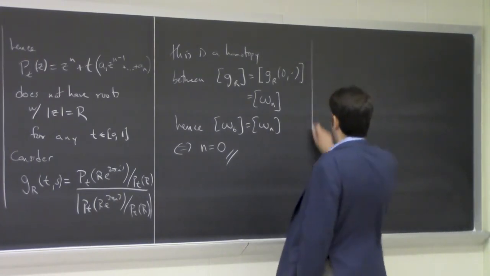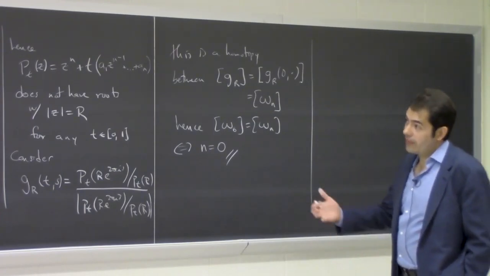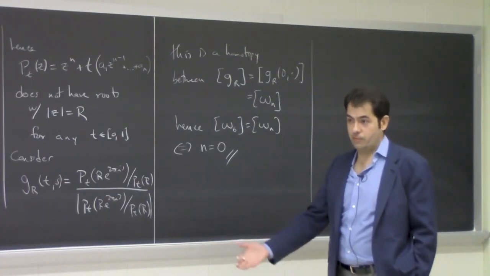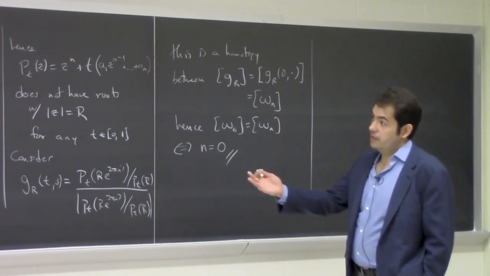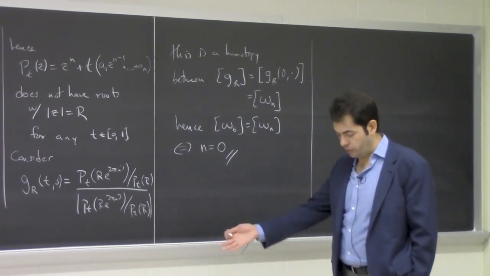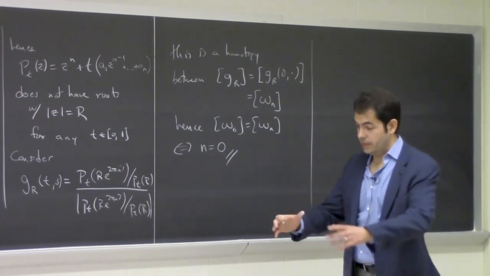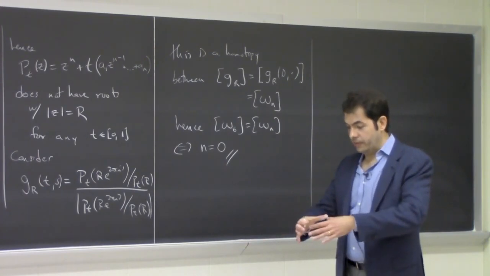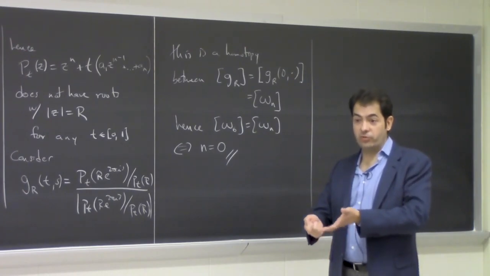OK, so if you like, in spirit, it's not all that different from D'Alembert's original attempt of a proof, which actually you can fix to make a real proof. Because D'Alembert also said, well, for large modulus, we only care about the leading term. And then what he said was, look at the absolute value, the modulus of the polynomial, and assume that its minimum is achieved at the origin and is not equal to 0.